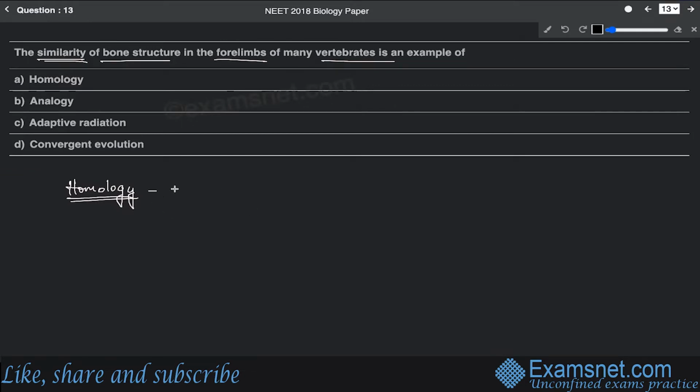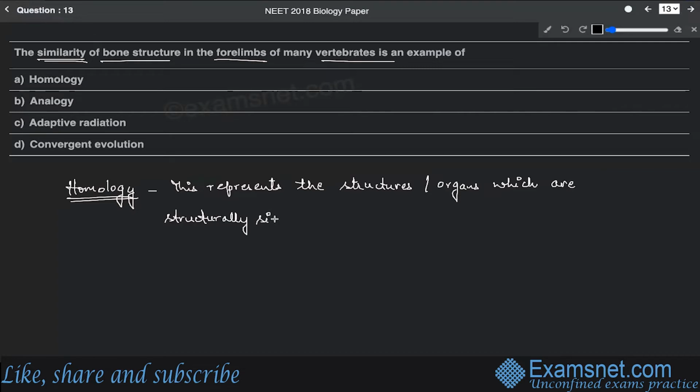So this represents the structures or organs which are structurally similar, but functionally they are different.